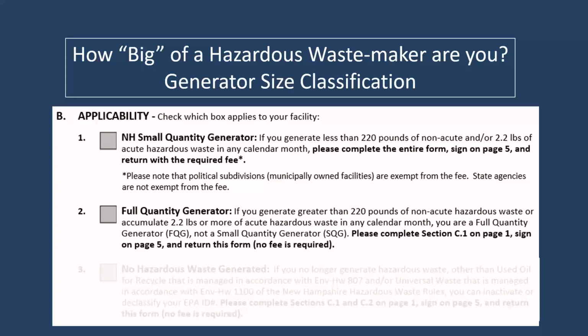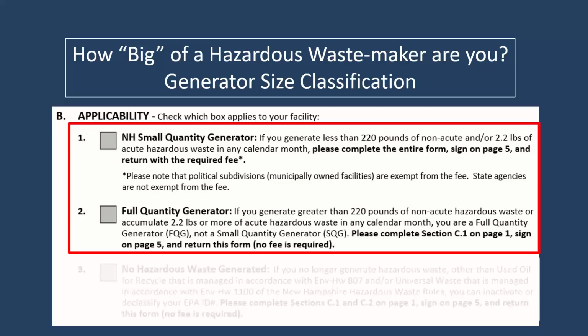Let's move on. In Section B, we ask how big of a generator you are. As I mentioned in an earlier presentation, when we use the term generator, it means someone who makes hazardous waste. Depending on how much hazardous waste you make or you store, you'll be classified as one of these sizes of generators.